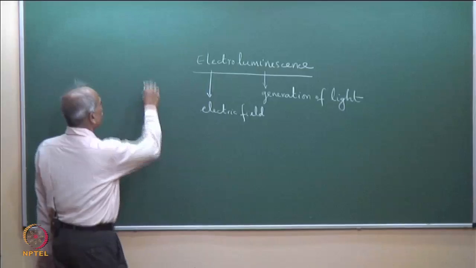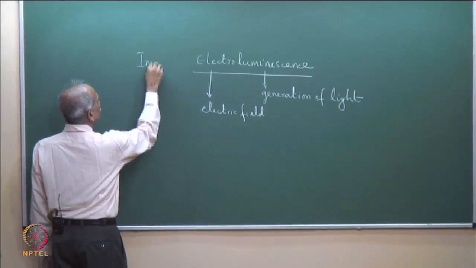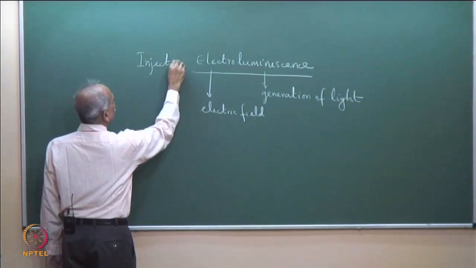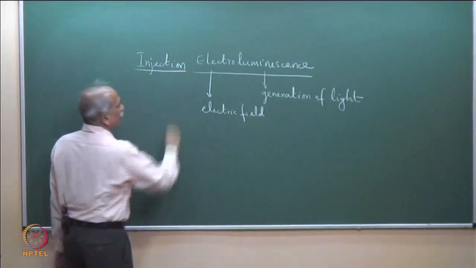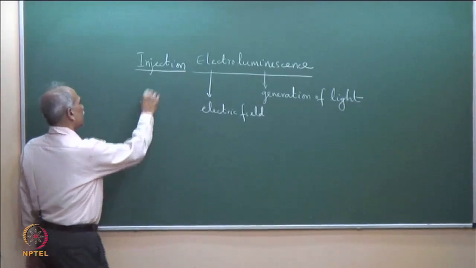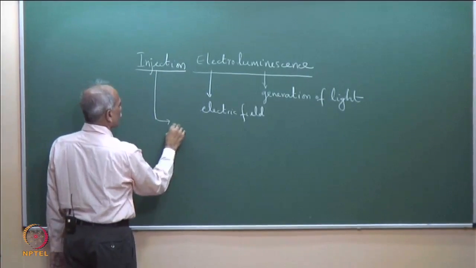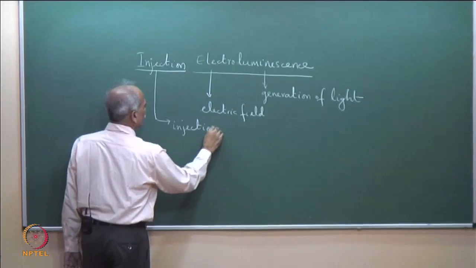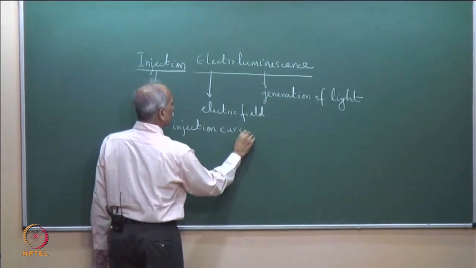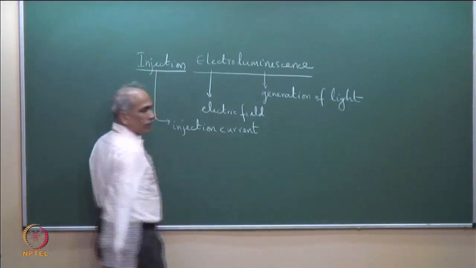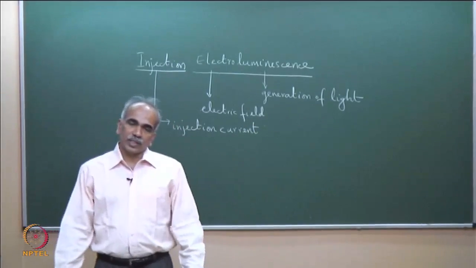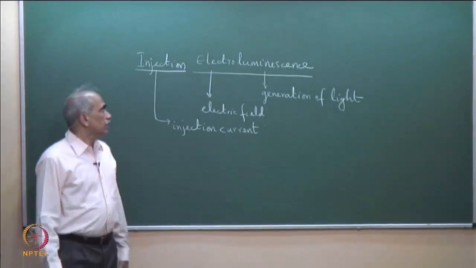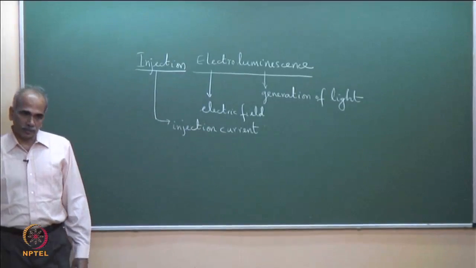And injection electroluminescence refers to generation of light in the presence of an injection current. This injection refers to injection current. So, generation of light in the presence of an injection current is injection electroluminescence.